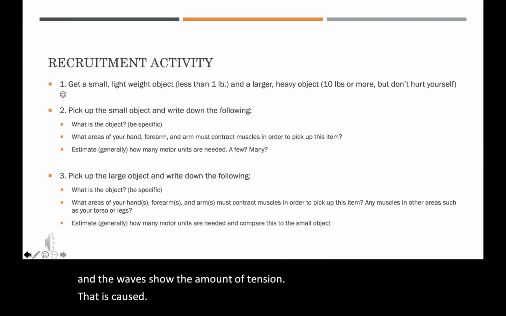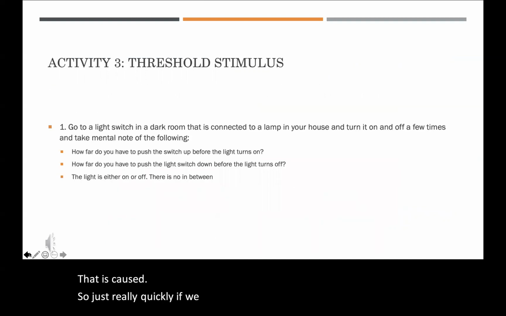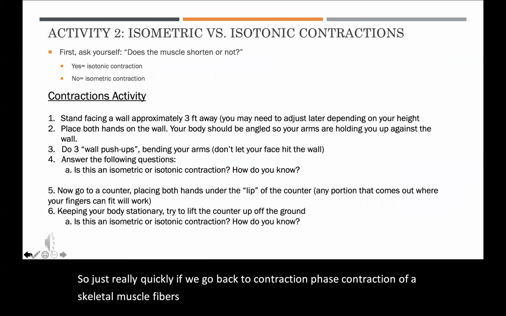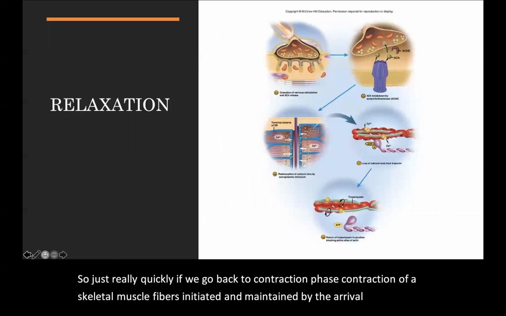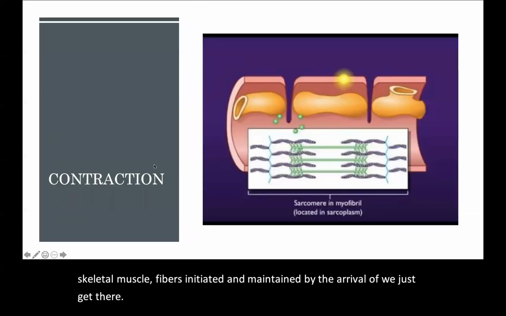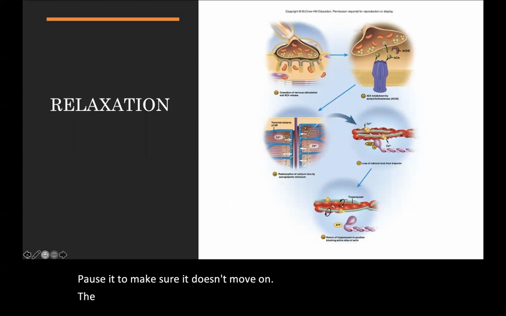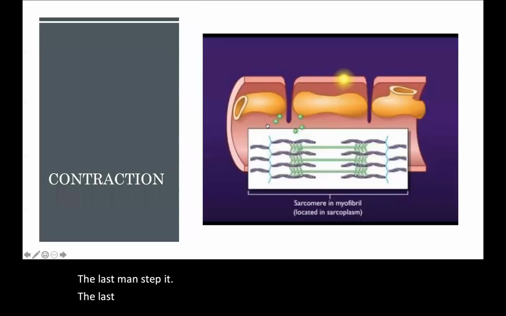Okay, so just really quickly, if we go back to the contraction phase, contraction of a skeletal muscle fiber is initiated and maintained by the arrival of action potentials at the axon terminal of a motor neuron.